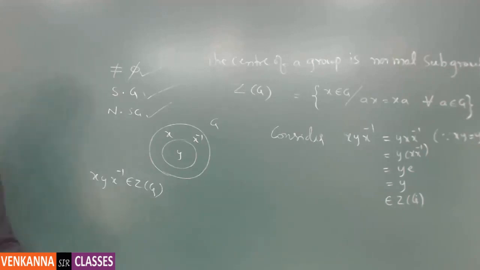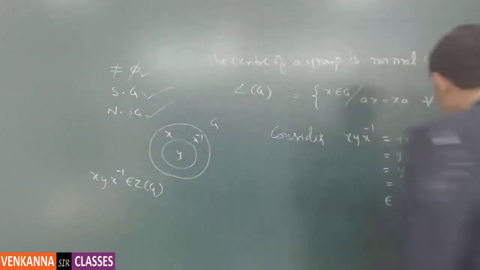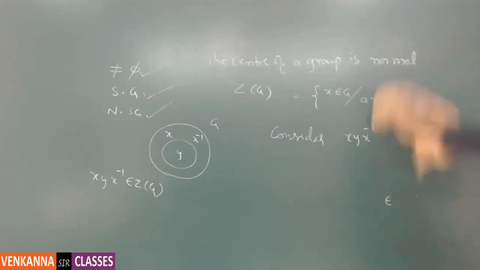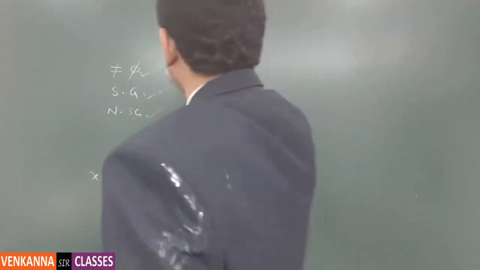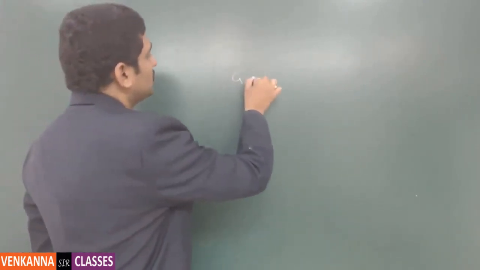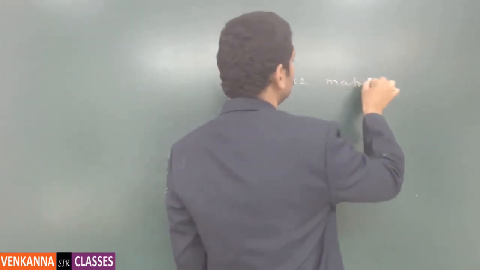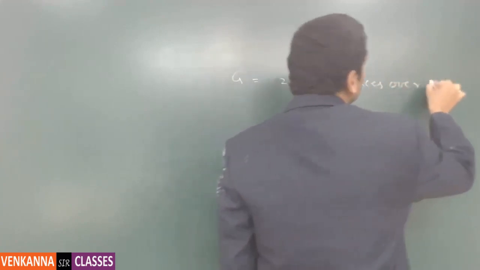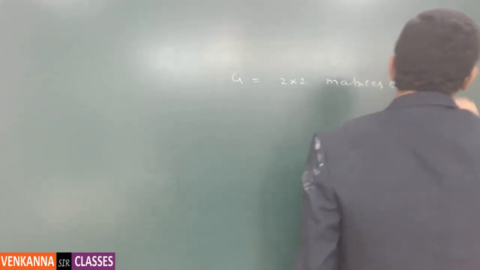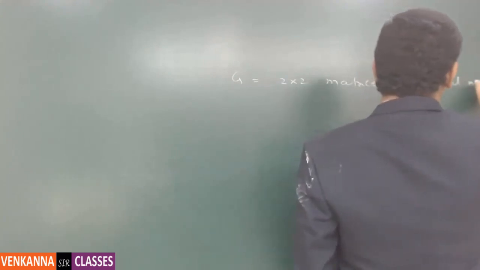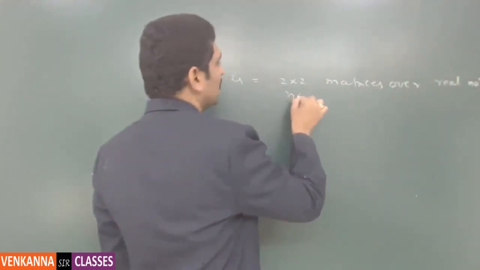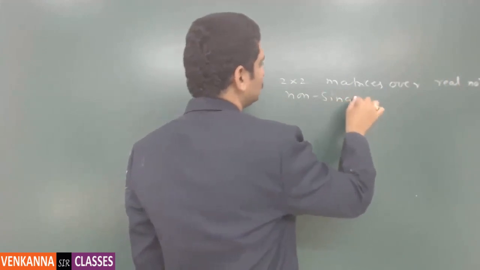Right. Now, based on this center concept, let us do a small problem. You consider G equal to the set of all 2 by 2 matrices over real numbers, and I have taken the non-singular matrices.